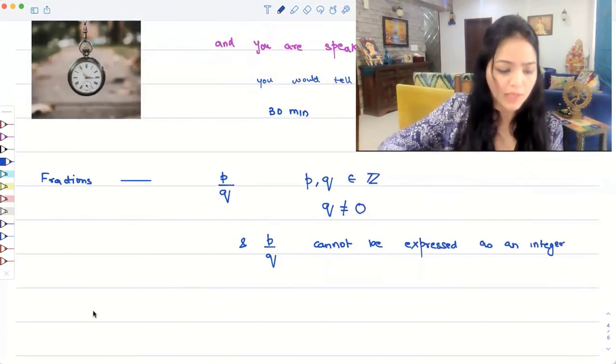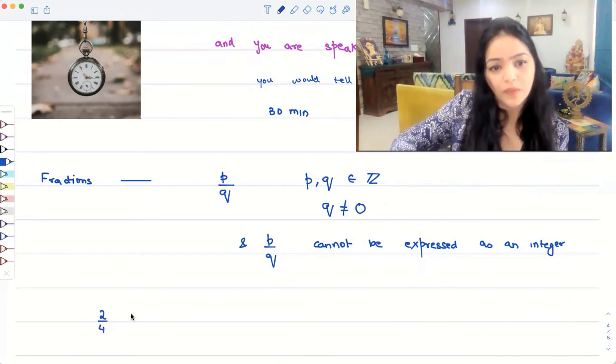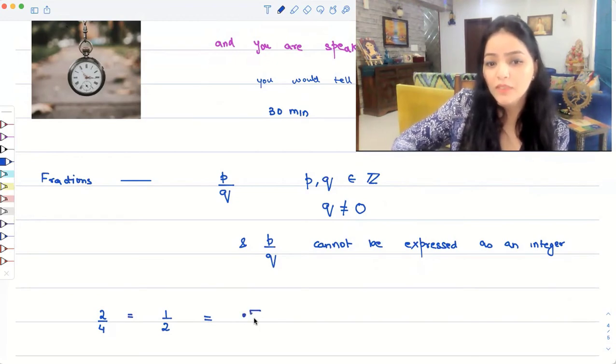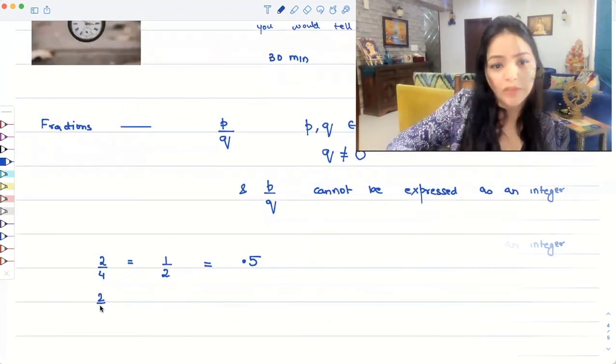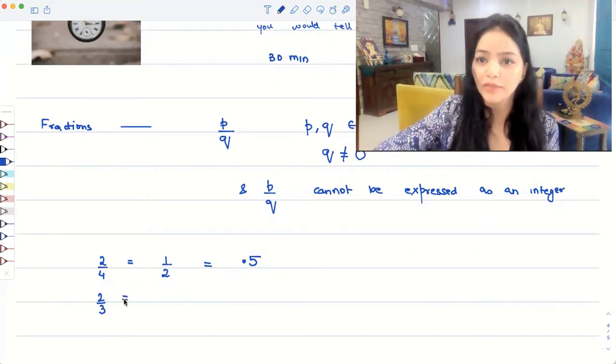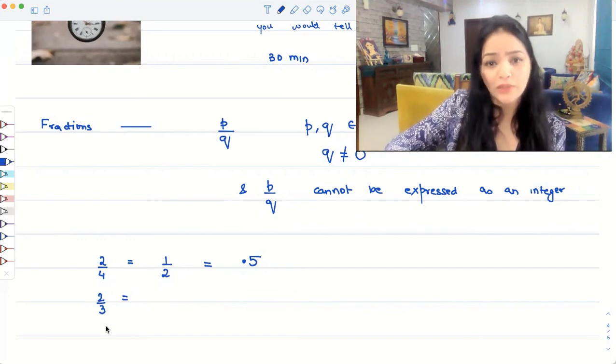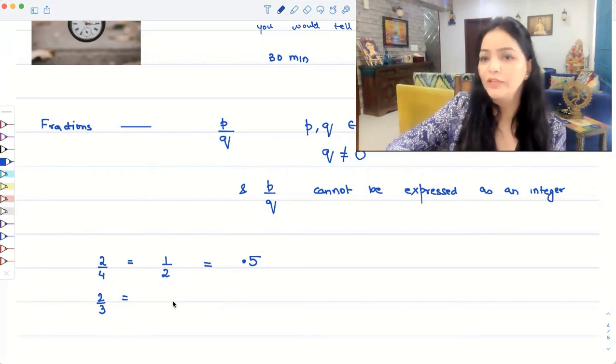Now a fraction like 2 upon 4 is basically 1 by 2. And in terms of decimal system, it is 0.5. 2 upon 3, if you take the fraction 2 upon 3, this is also a fraction. 2 and 3 both are integers, but I cannot express 2 by 3 as an integer.